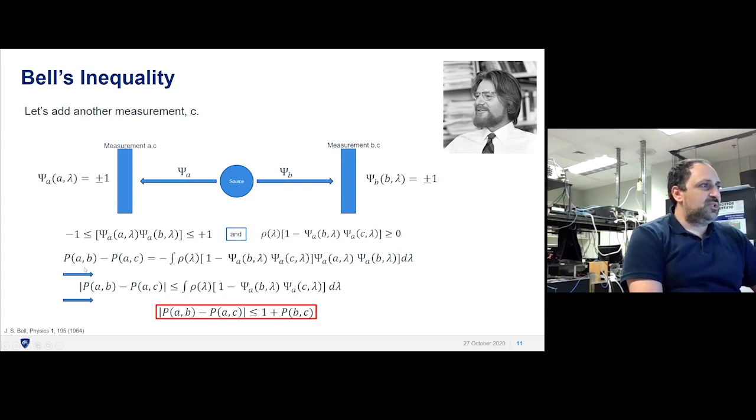So what we can now do is take that expression that we arrived at on the previous page, and we can make a statement about inequality. That the difference of these probabilities has to be less than the integral of that.